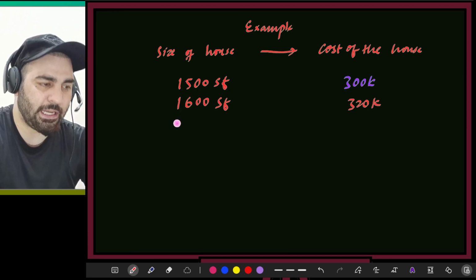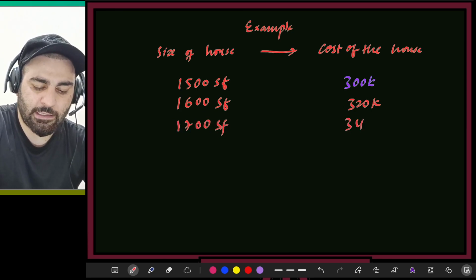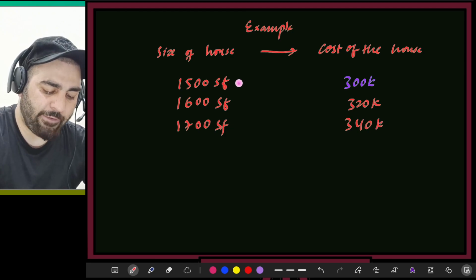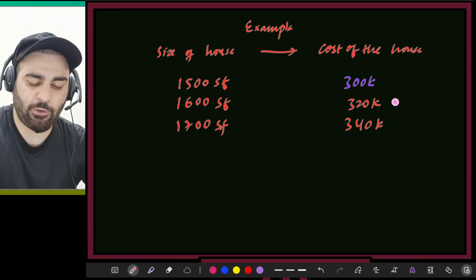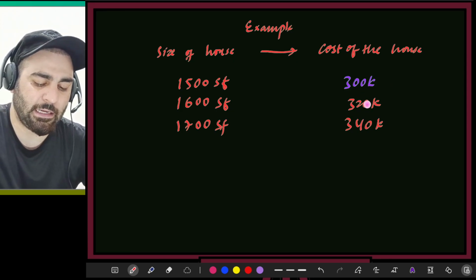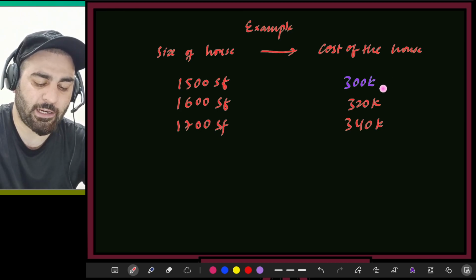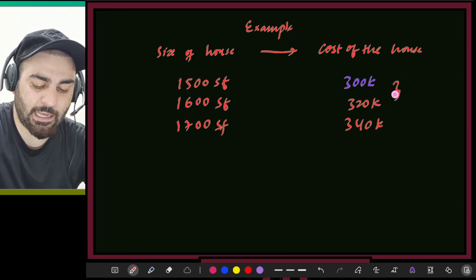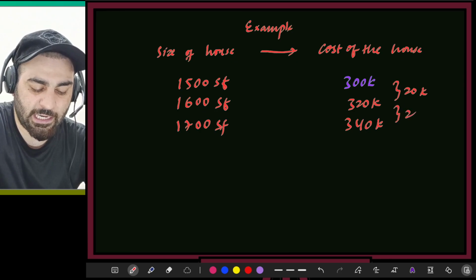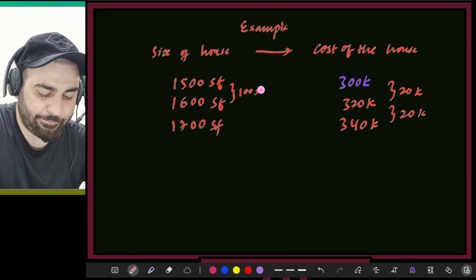If I increase again to 1700 square feet, now you will see that this is 340k. So if I increase by 100 square feet, the increment is around 20k. From 300 it went to 320, so there is a gap of 20k. Here also there is a gap of 20k, and here I am increasing by 100 square feet.